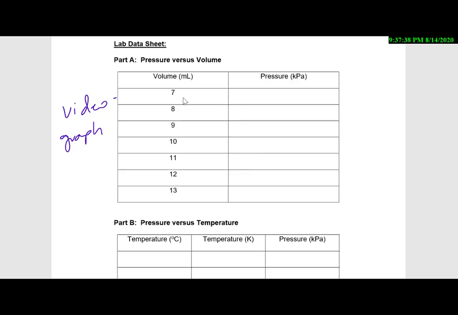So you'll be able to take from the graph and figure out what the pressure was when the volume was 7 milliliters, what the pressure was when the volume was 8, etc. And there will be some of these that have repeated measurements. So you'll want to average all of the 8 milliliters, for example, and average all the 9 milliliters to get their average pressure. And then you will make a graph using part A's data.